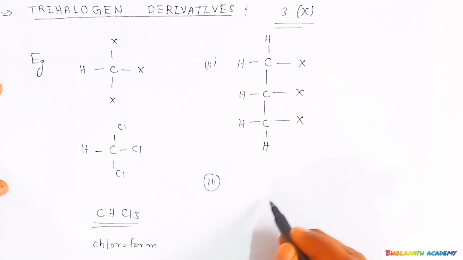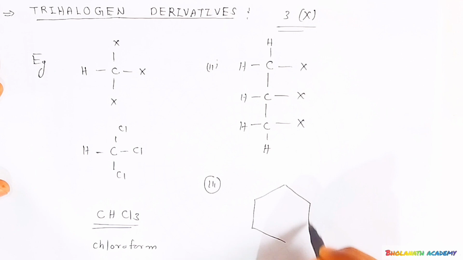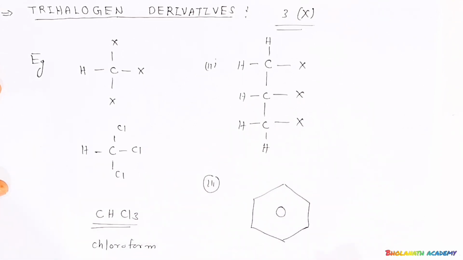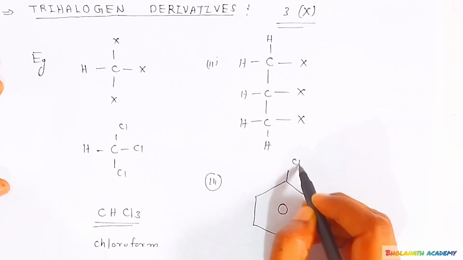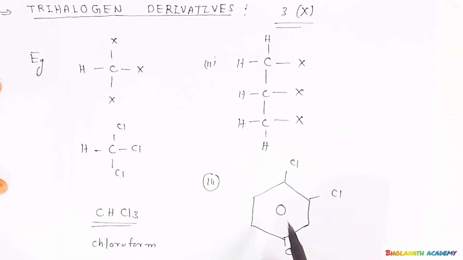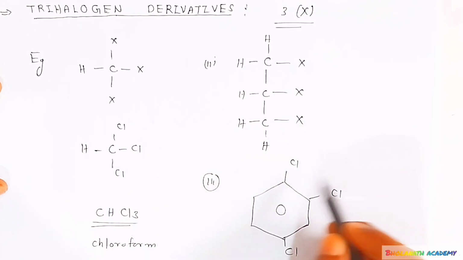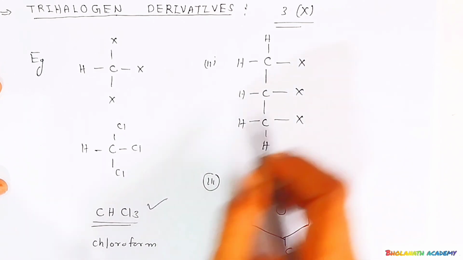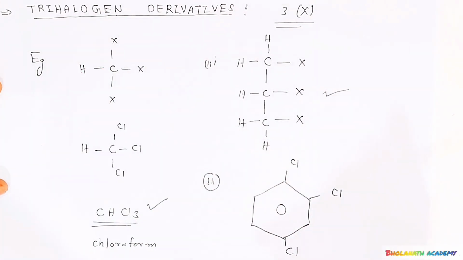It may be aromatic. See, this is the aromatic ring, students. When all 3 halogens are attached to this ring, this is an example of an aromatic trihalogen derivative. So these 2 examples are aliphatic trihalogen derivatives and this is an aromatic trihalogen derivative.